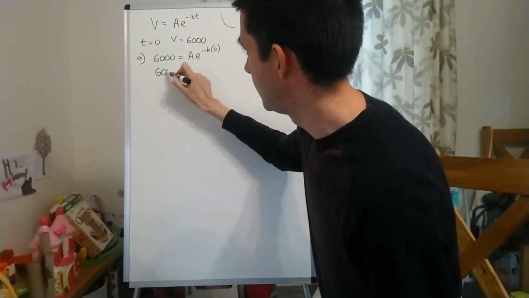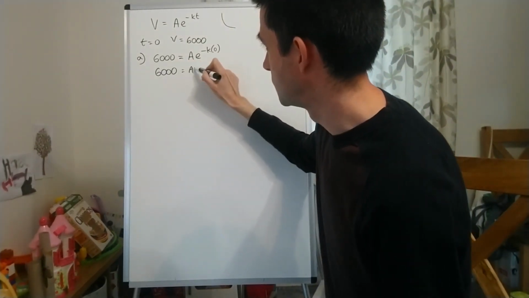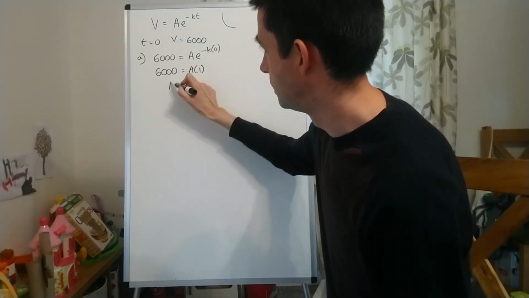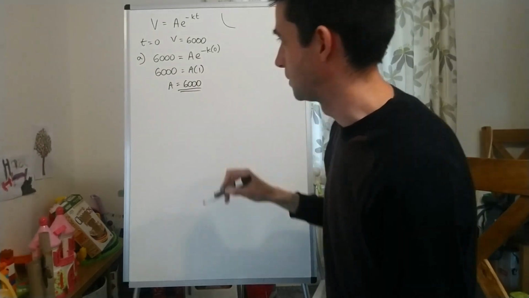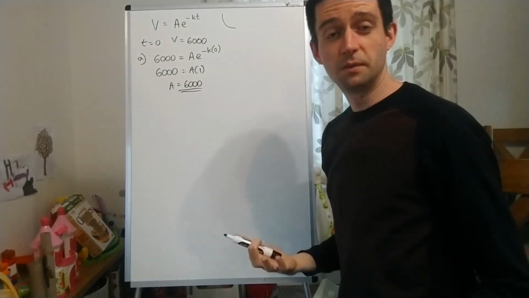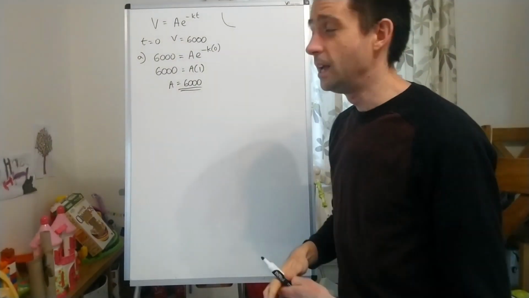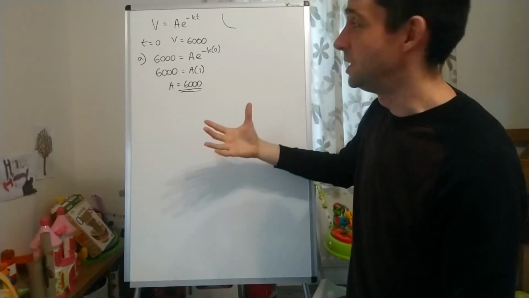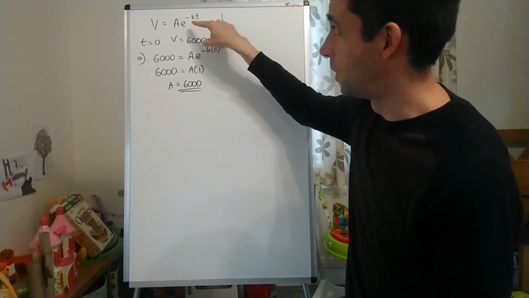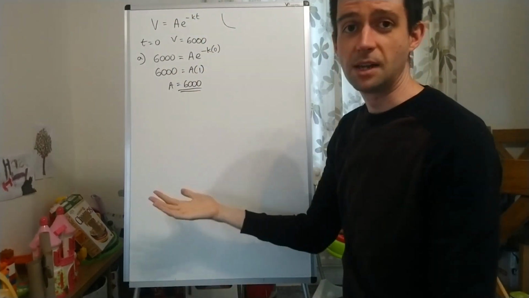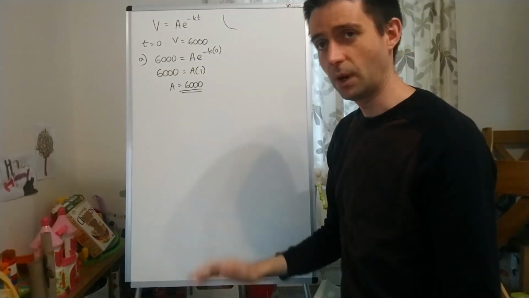So what I really have here is 6,000 is a times 1, which means that a is 6,000. The reason for the wording of the question is that once you become fluent with these, you'll be able to see that if t is 0, this bit's going to go to 1, so a is the same as v initially.